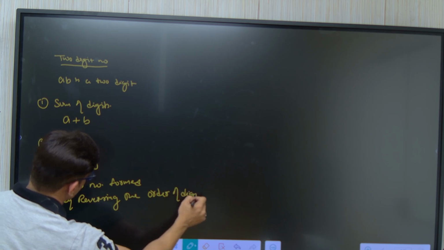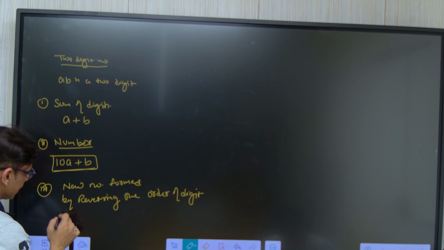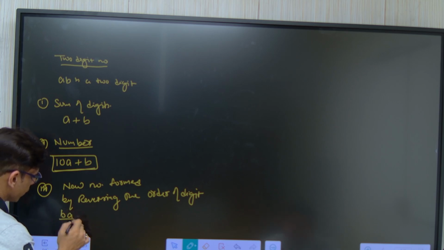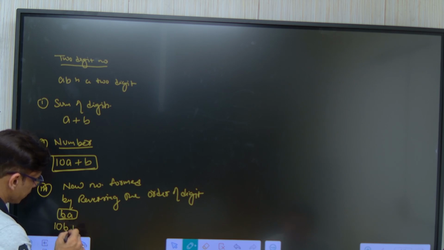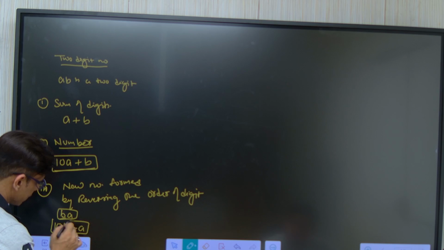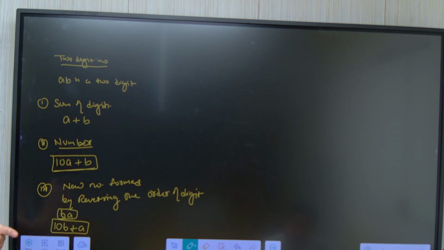So when you reverse the order of digits of a number, this number will become BA. Yes or no? And this BA, you can write as 10B plus A or not? If you reverse the digits, then A and B will interchange their positions. Initially, if A is at the tens place and B is at the unit place, now B will be at the tens place and A will be at the unit place. This is what you will get or not?